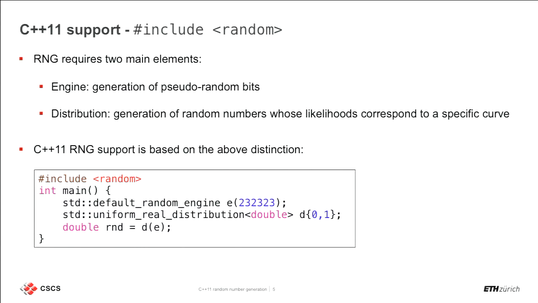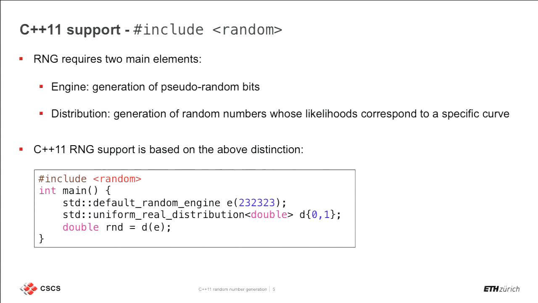The other element is the distribution object, which is responsible for the generation of random numbers, starting from these pseudo-random bit sequences, that are distributed according to a given mathematical function or distribution, such as a Poissonian distribution, or Gaussian, or something like that. So this is exactly how the new support in C++11 for random number generation is based.